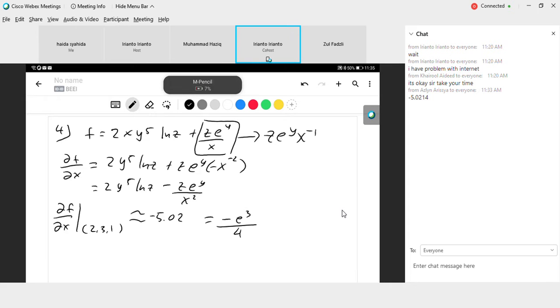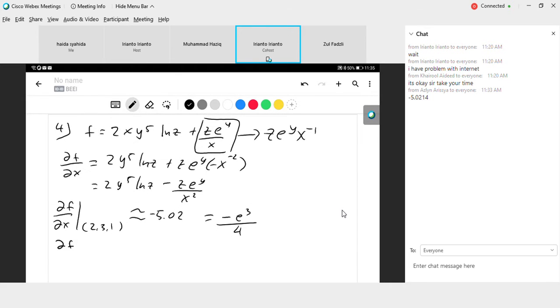Okay, so now give me the partial derivative of f with respect to y. What will I get? 10xy^4 ln z, plus z e^(y/x) over x. Differentiate with respect to y: the exponential, z e^(y/x) over x, is still the same.